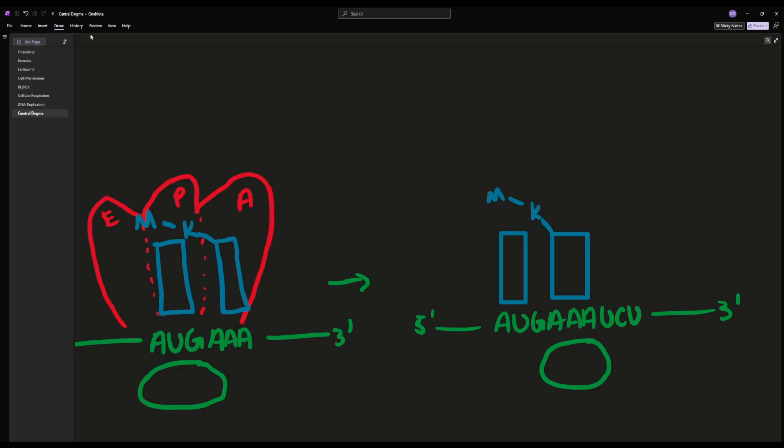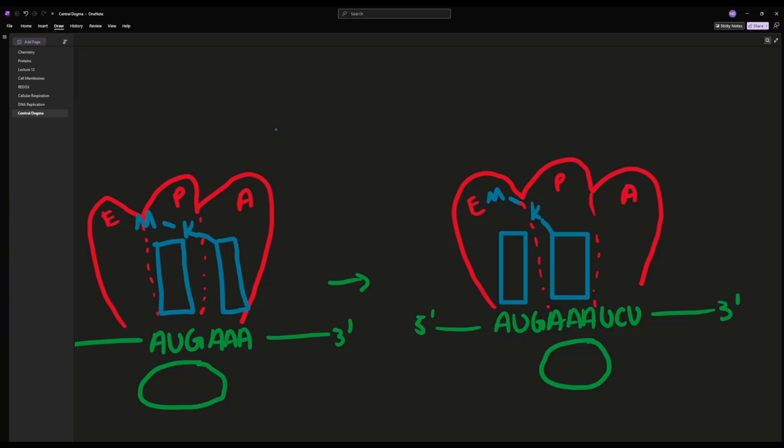And in fact, we can draw in our ribosome now. So here's our E, P, and A. And now we have an open A site for our next tRNA to come in.